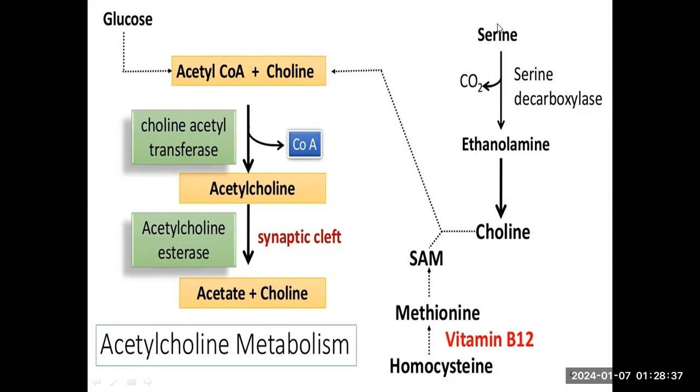Serine, from which choline is synthesized, is converted by serine decarboxylase into ethanolamine, then into choline in the presence of S-adenosyl methionine. Methionine can also be synthesized from homocysteine in the presence of vitamin B12. Methionine is then converted into S-adenosyl methionine and acts as a methyl group donor.